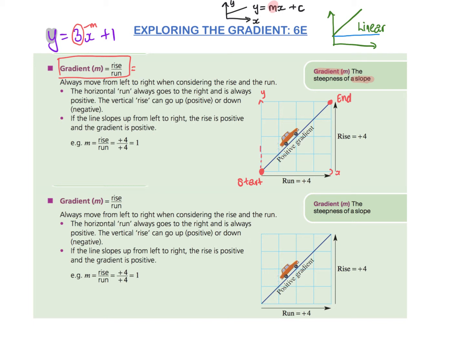It went 1, 2, 3, 4. So that's a rise of 4. And then how far across? It went over this way, 1, 2, 3, 4. So they've said a run of 4. When working out the gradient, the rise is 4 over 4, so it's 1. If we were writing the rule for this equation, it'd be 1x. So this number is the gradient. All right, so that's how we do it.